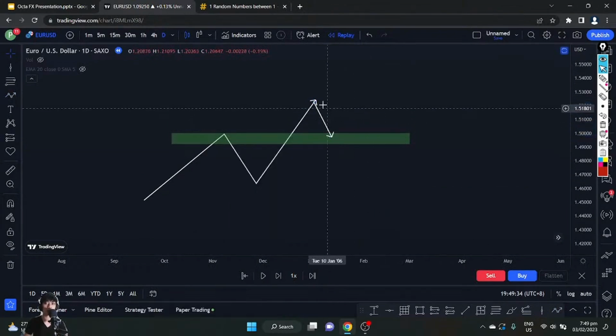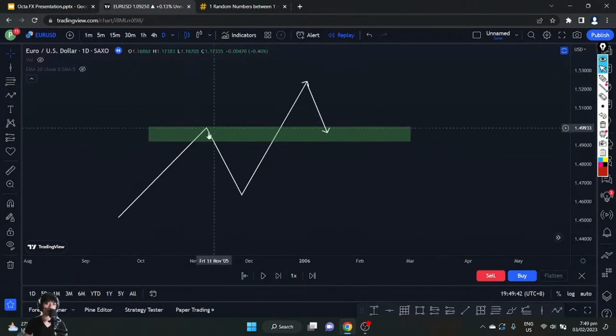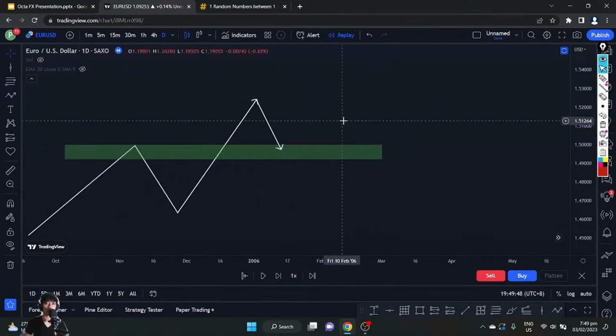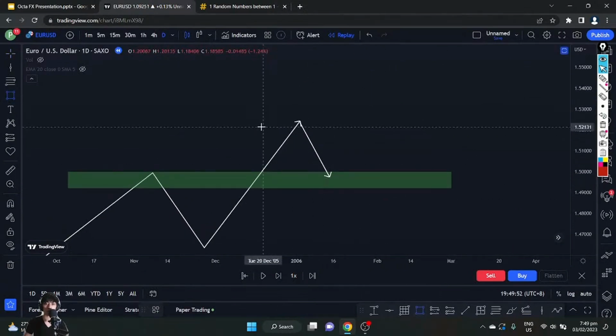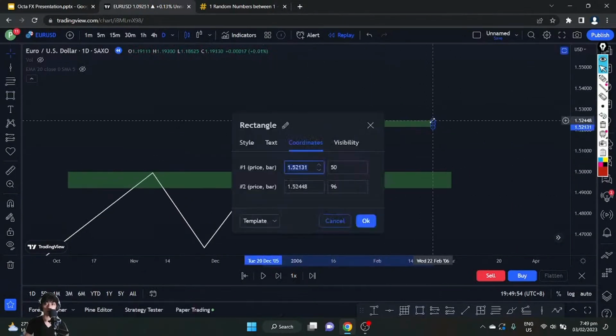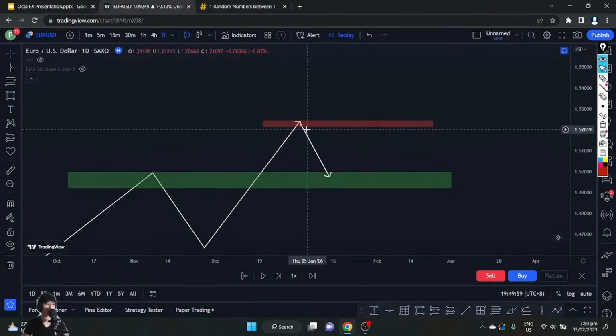But if you don't want buying while the price is going down like this, pulling back into our support zone, then our next option for a buying opportunity is to look for a breakout into this previous level right here.